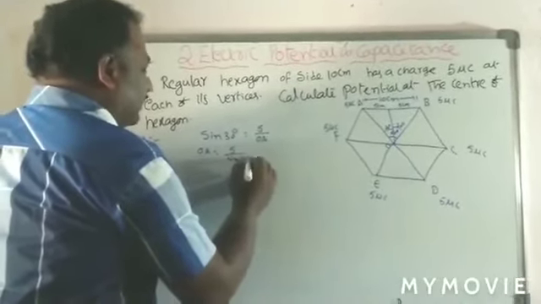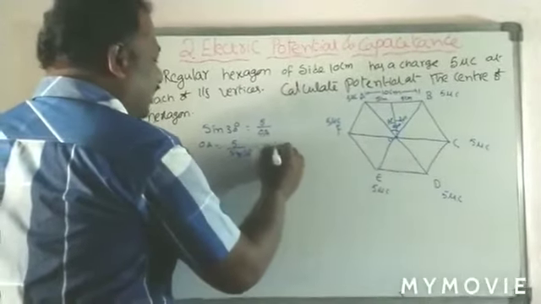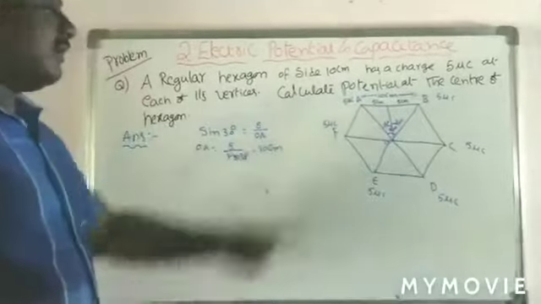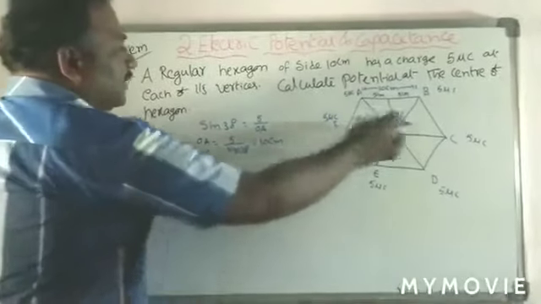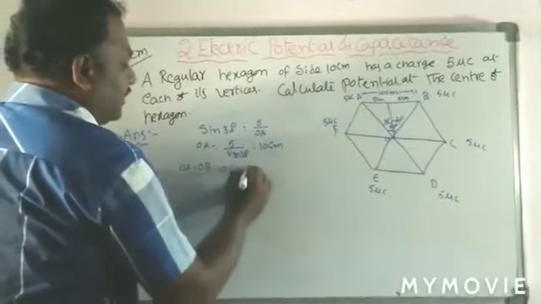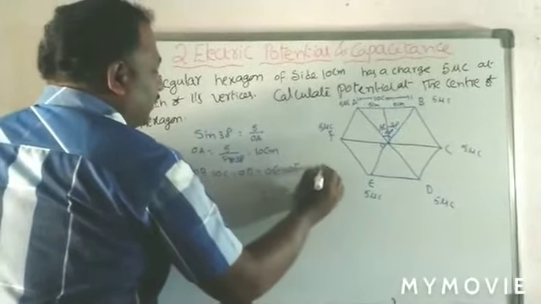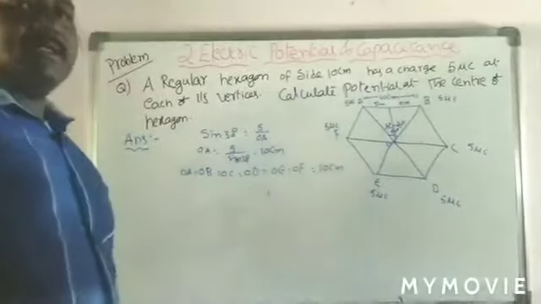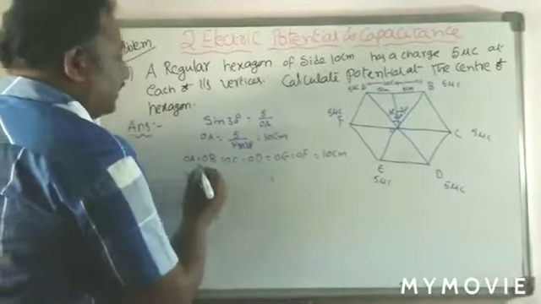We know that sin 30 is nothing but 1 by 2. By substituting, OA is 10 centimeters. Here also we have the same triangle. OB is equal to OC is equal to OD equal to OE equal to OF, that is equal to 10 centimeters.